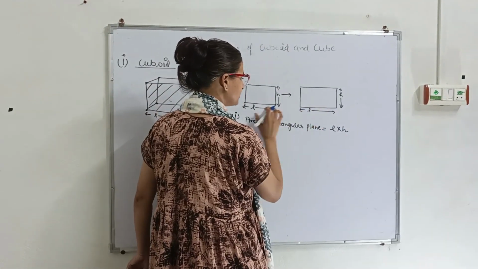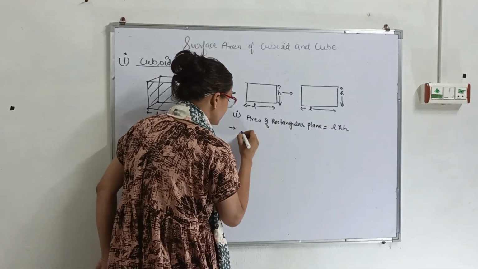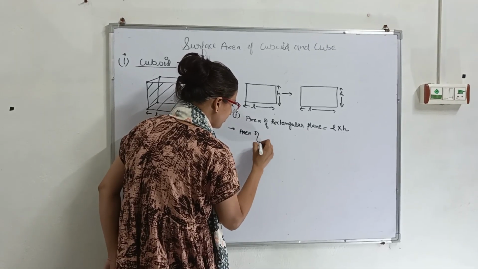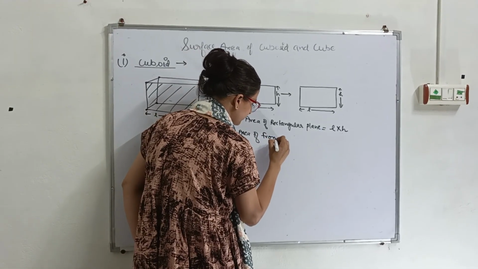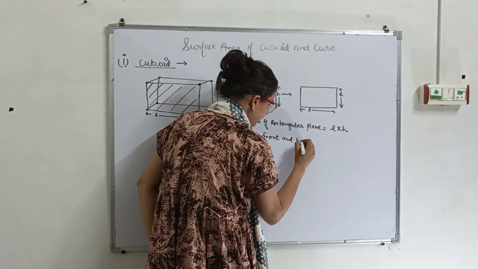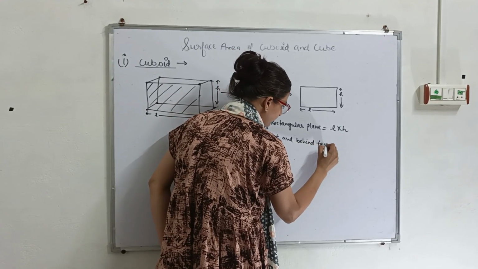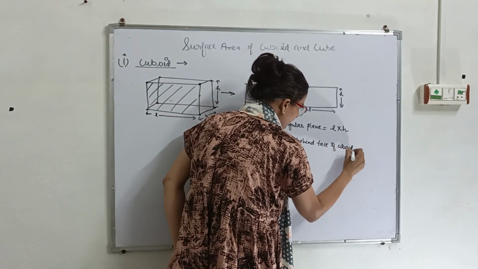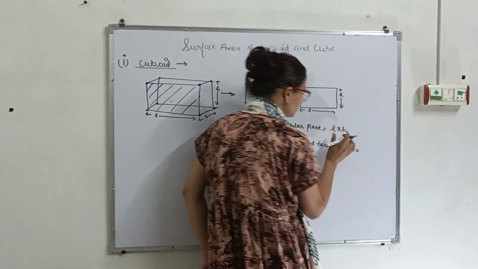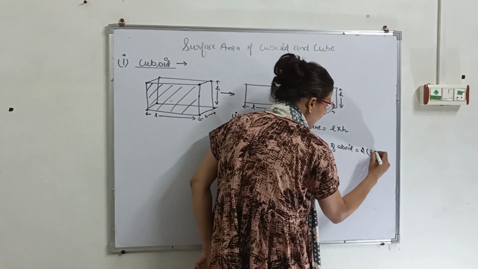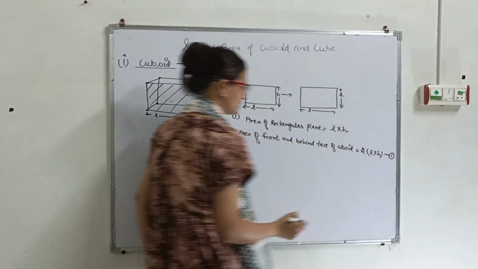So the area of the front and behind faces of the cuboid, because there are two, is 2 into L into H. This is the first equation.